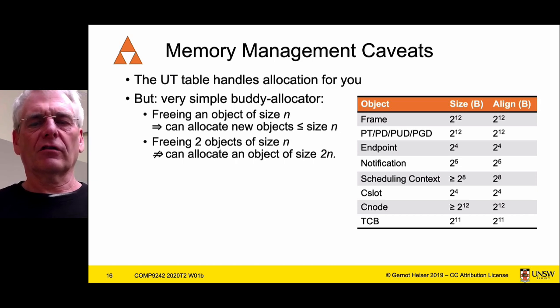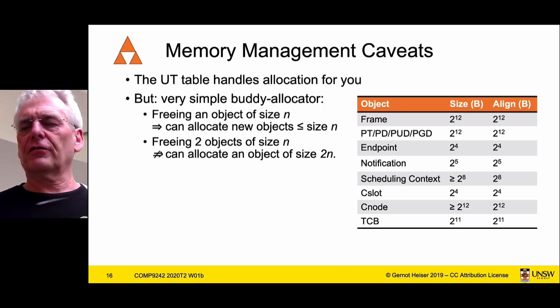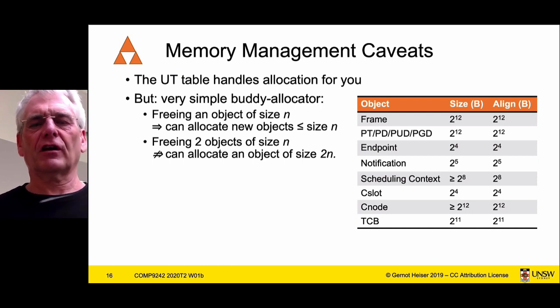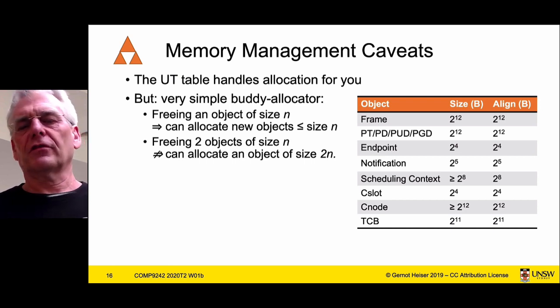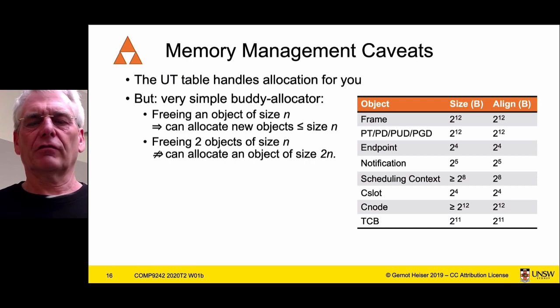And you need to understand the size of these objects. So here's a table that tells you how big these objects are. Frames are obviously whatever the hardware base page size is, which is 4 kilobytes in our system. And then the same applies to page tables. Endpoints are pretty small. They're 16 bytes. Notifications are 32 bytes. So most of the objects are actually fairly small.